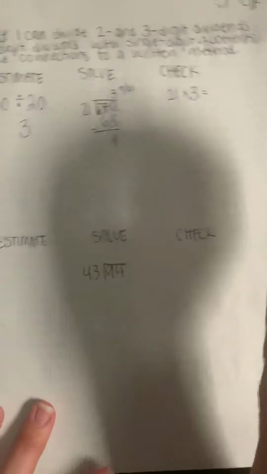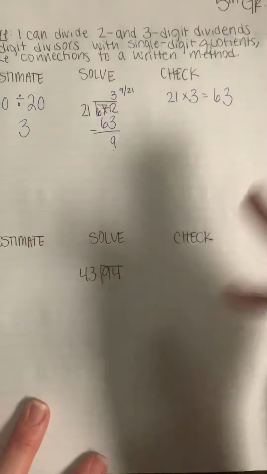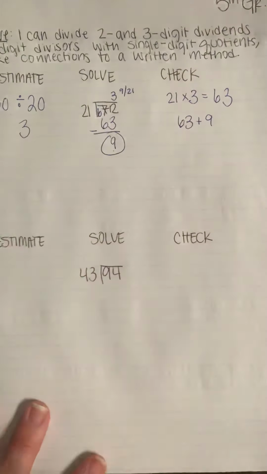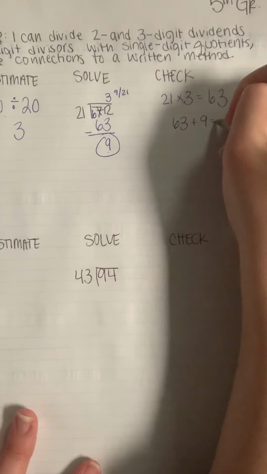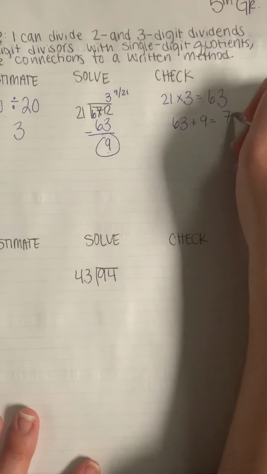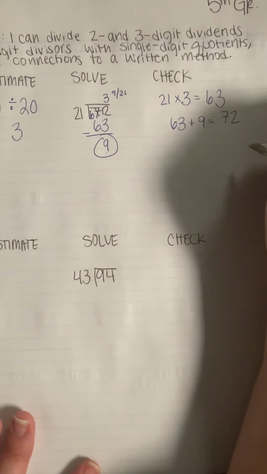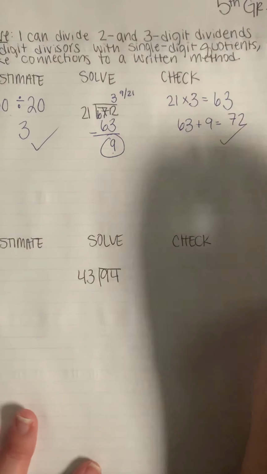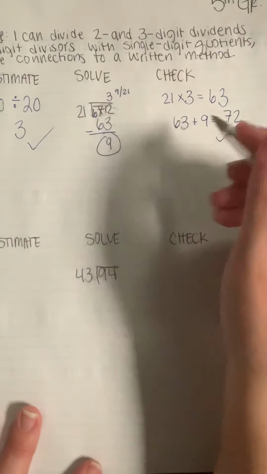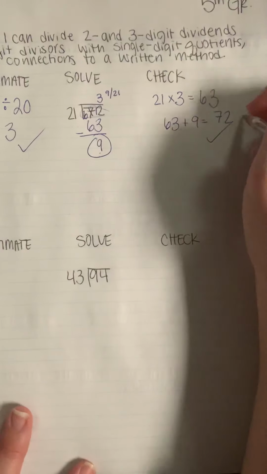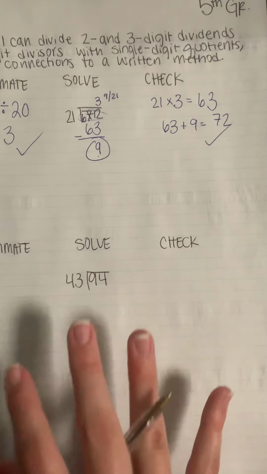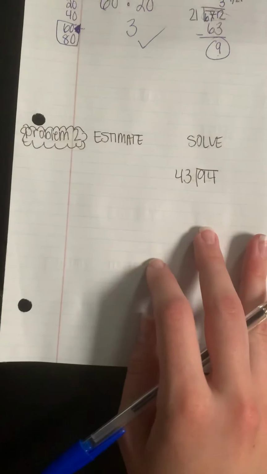So 21 times 3, we got 63, and then 63 plus that remainder of 9 gives us 72. So our estimated quotient of 3 was really perfect. And our goal is to get back to the number we started with, 72, which we totally did in our check section. All right, let's try problem number 2.